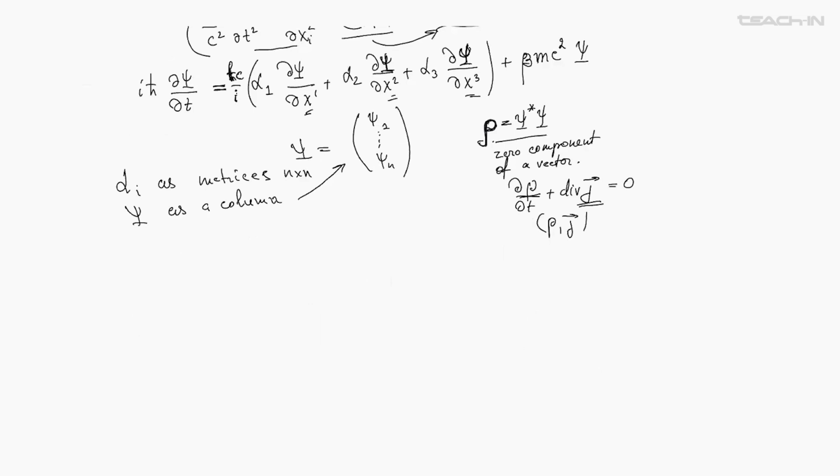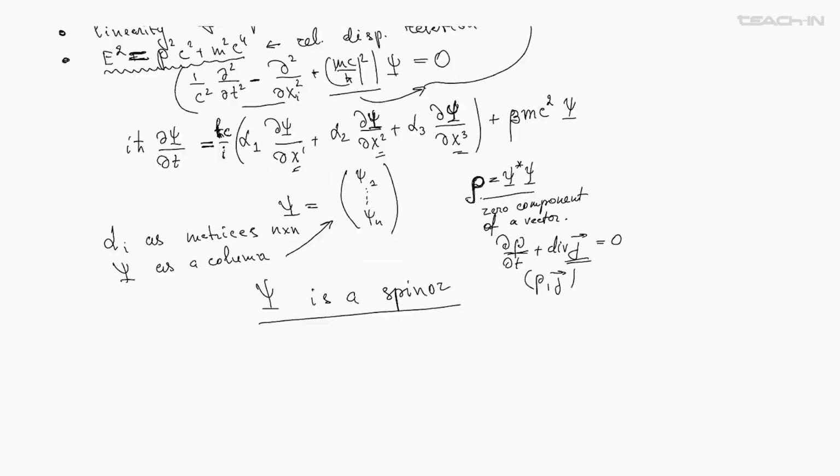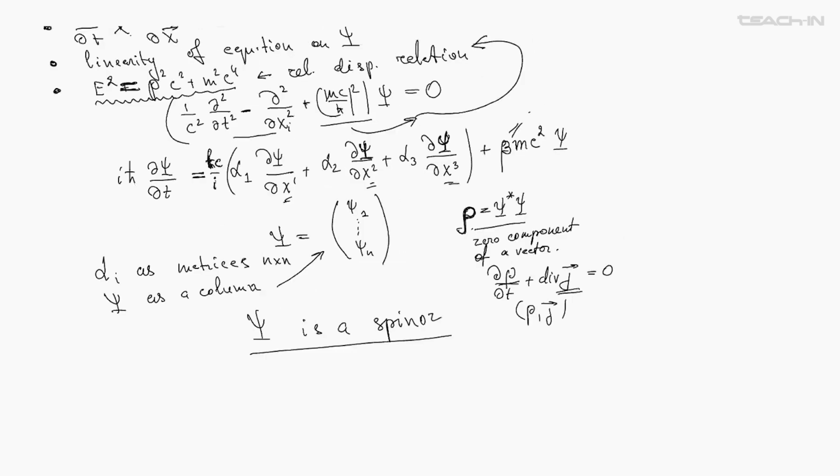And Dirac called this object psi a spinor. So such psi is a spinor, to distinguish it from a scalar. By the way, if the alphas are matrices, and psi is a column, then beta is also a matrix.